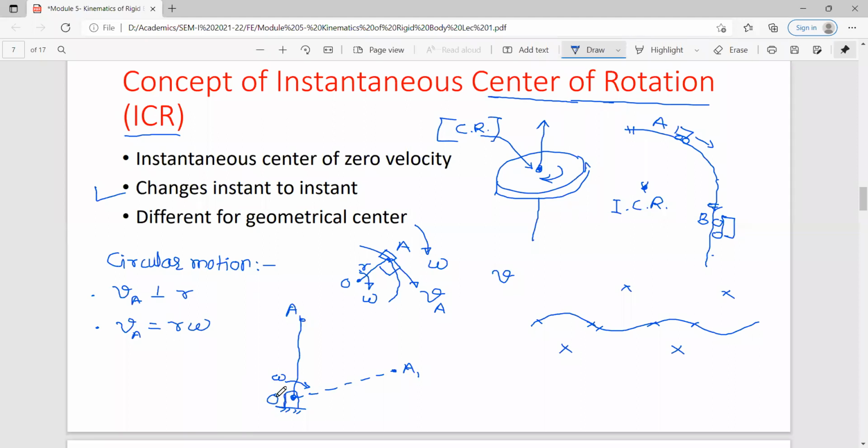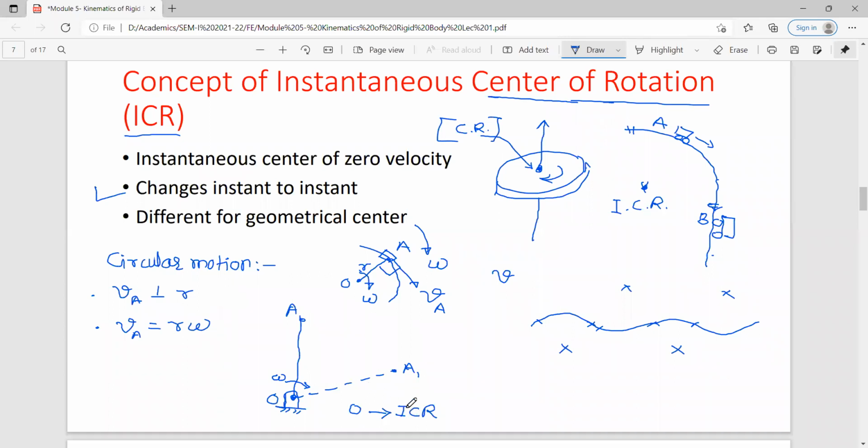Or I can also call point O the instantaneous center of rotation for all times, because this center will not change, since you have connected it here with a pin. This link will keep rotating 360 degrees this way. So point O is your ICR.